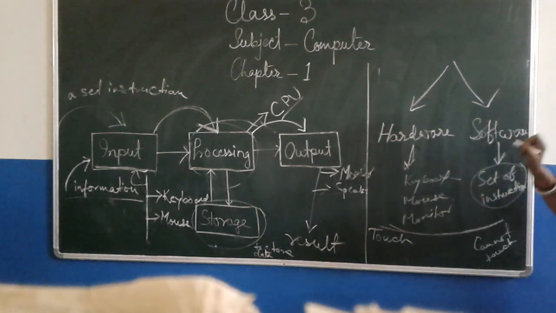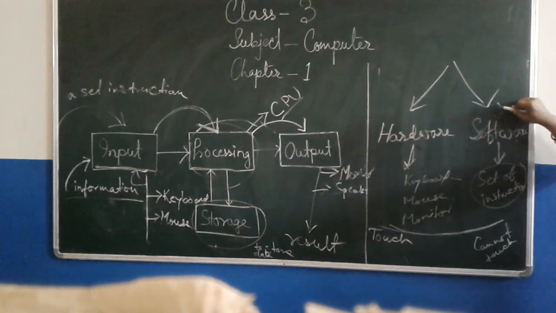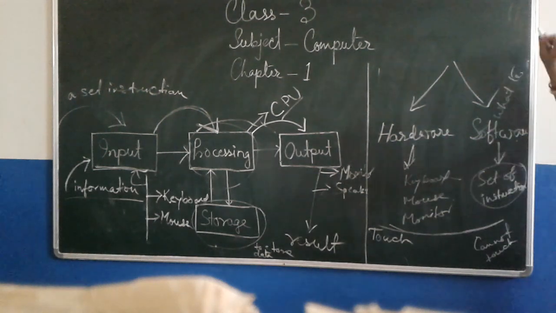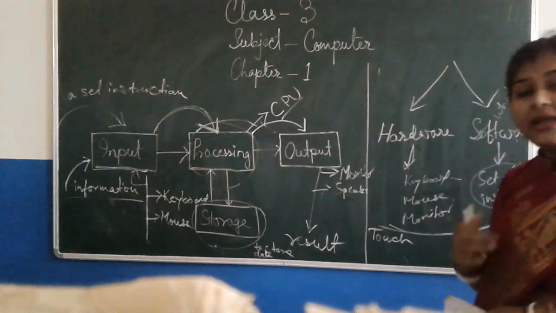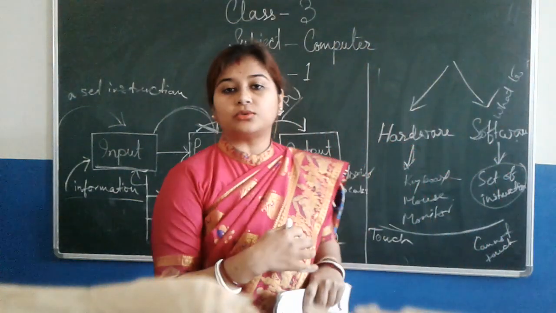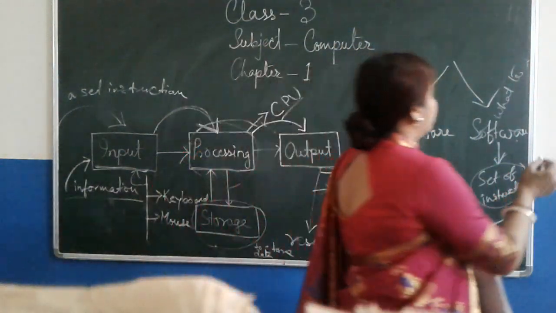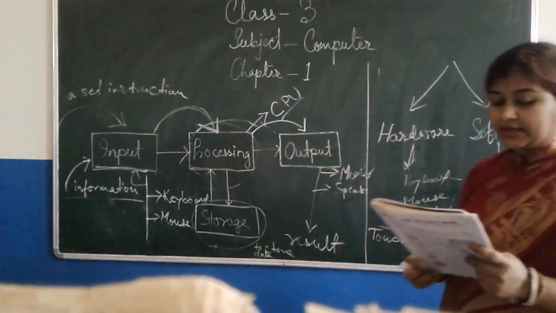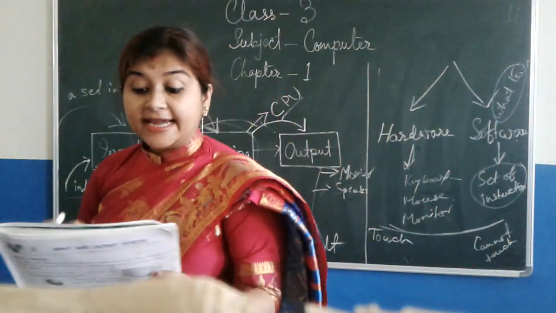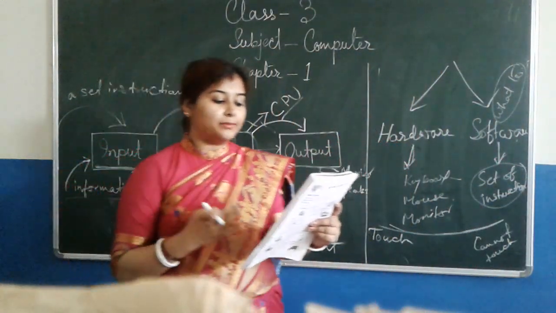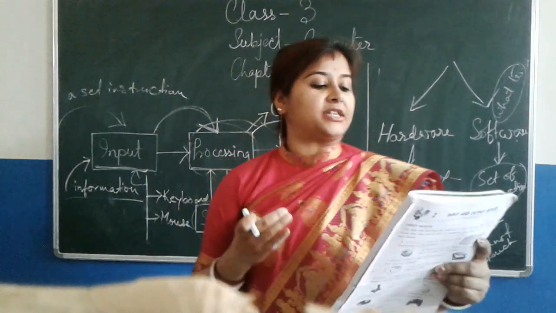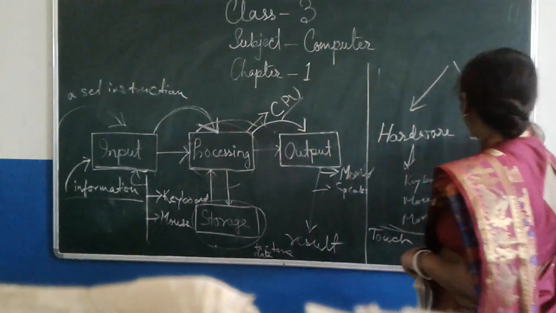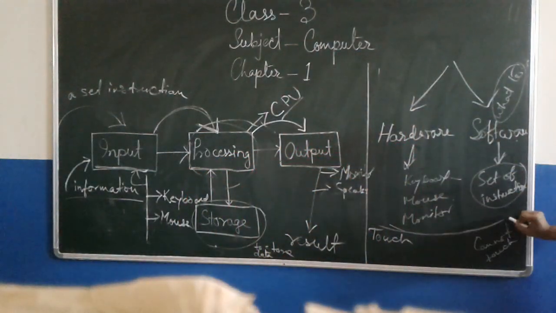This software tells the computer what to do, when to do, where to do, how to do. Every instruction is given by the software. It is that part of the computer which you cannot touch or feel.